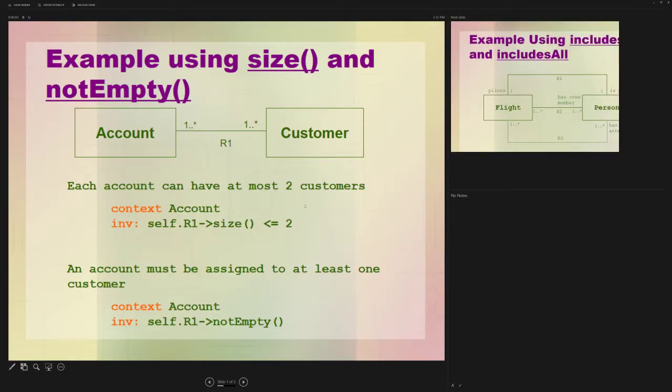Okay, yeah, it's there. Okay, so this example using... no, we're not here.